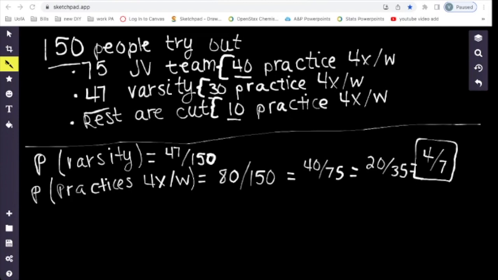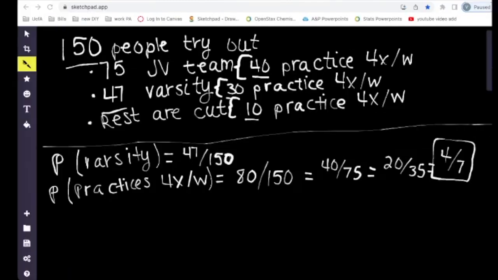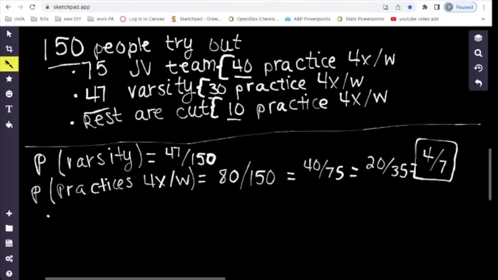Okay, what is the probability that a varsity team member practices 4 times a week? So we're looking for the probability that it's a varsity person and they practice 4 times per week. When we have this and, we have to use one of our rules.